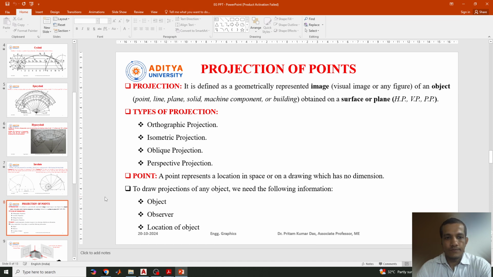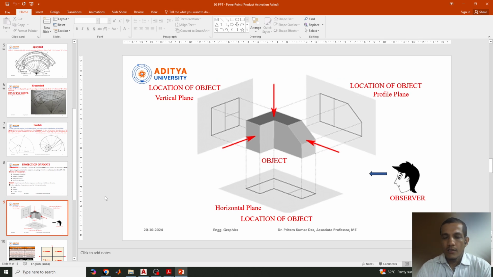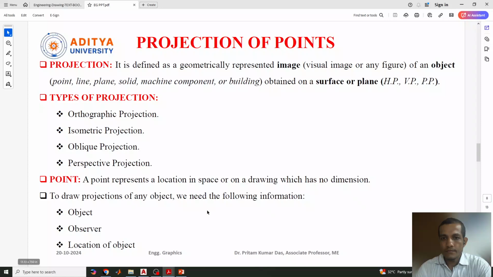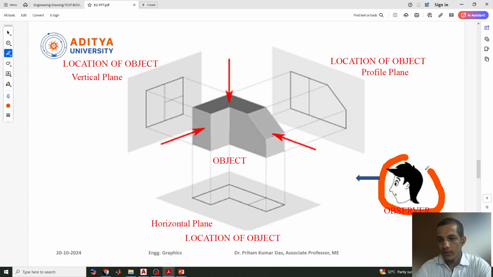You can see this is the observer. This observer is observing the object here.